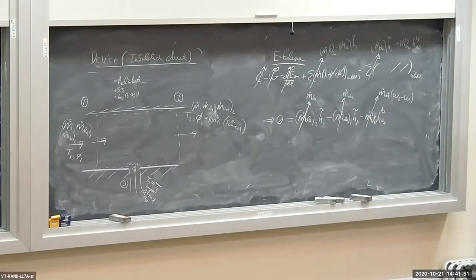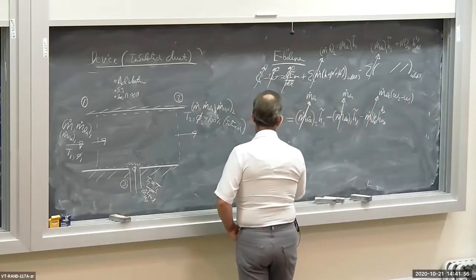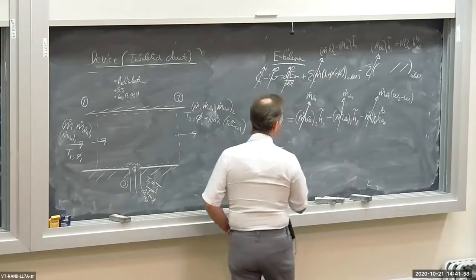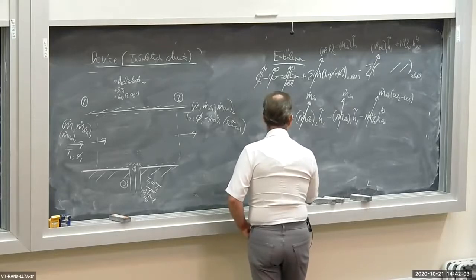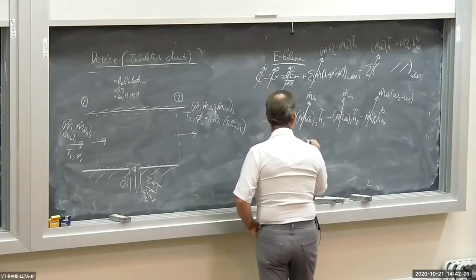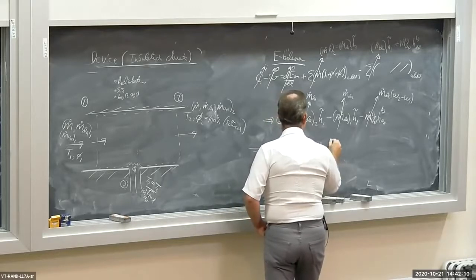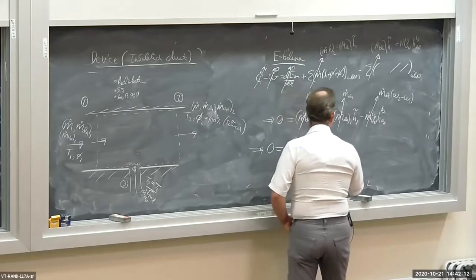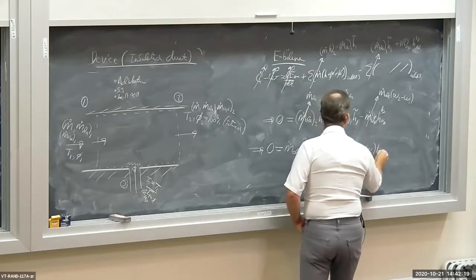So let's write what we got here. 0 equals m dot dry air H tilde 2 minus m dot dry air H tilde 1 minus m dot dry air, omega 2 minus omega 1, H of the liquid H2O.